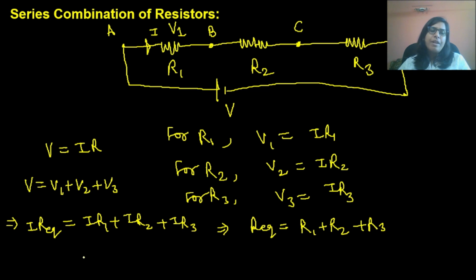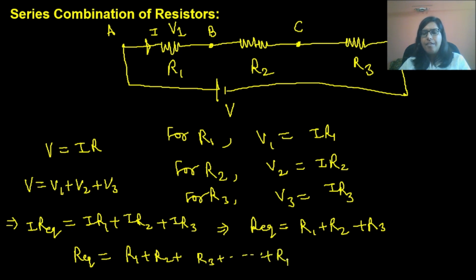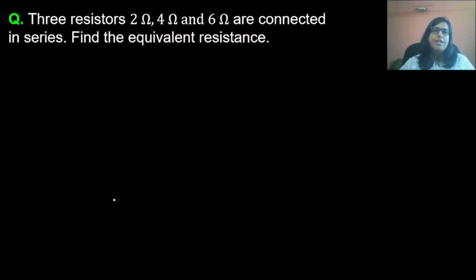So for series combination, we simply add the resistors and find the equivalent resistance. For n resistors, R1 plus R2 and so on till Rn. So in series combination of resistors, the current will be the same and the equivalent resistance will be the sum of the individual resistances.